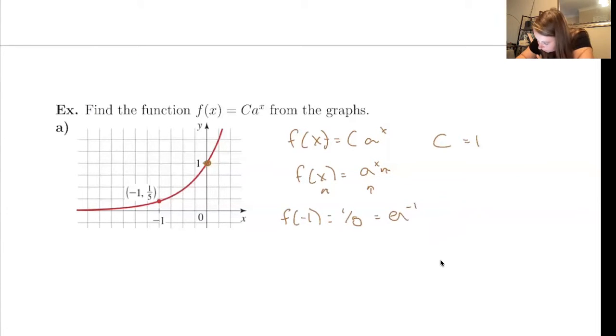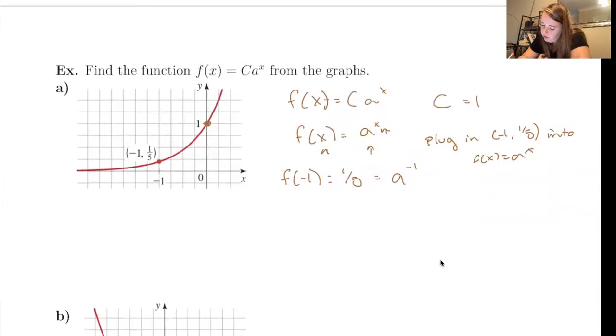So basically, I'm going to plug in -1, 1/5 into f of x equals a to the x. Okay. And solve. So a equals 5.